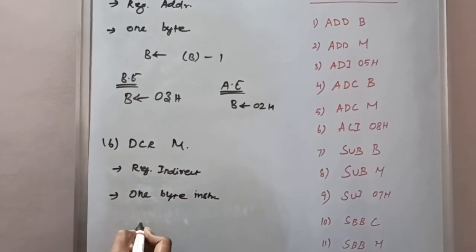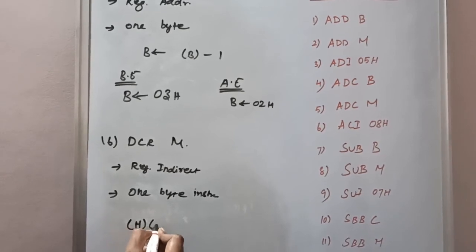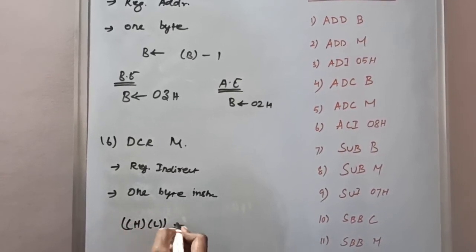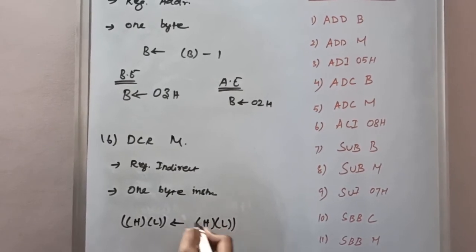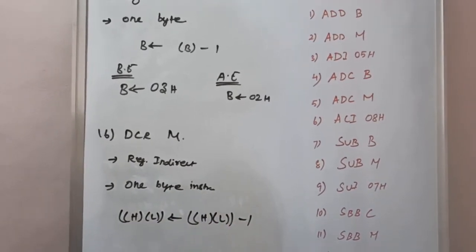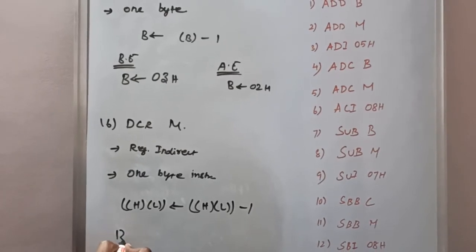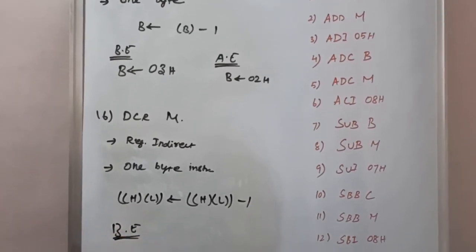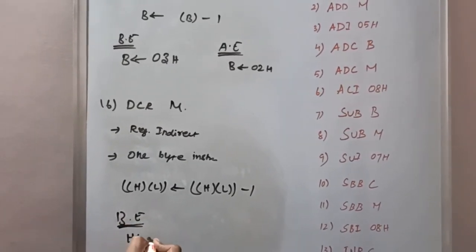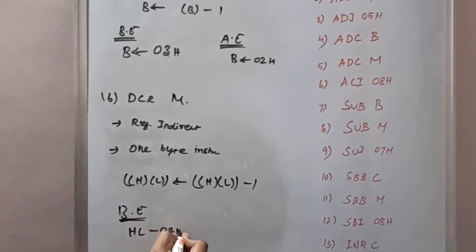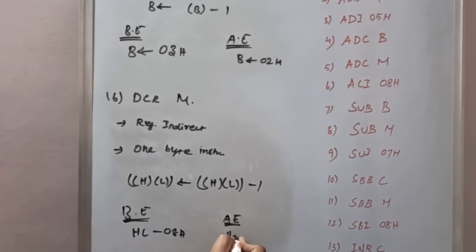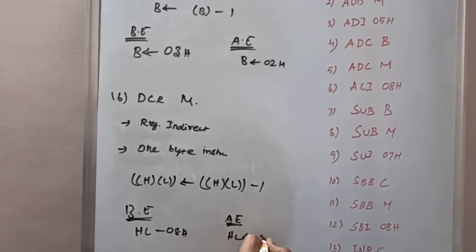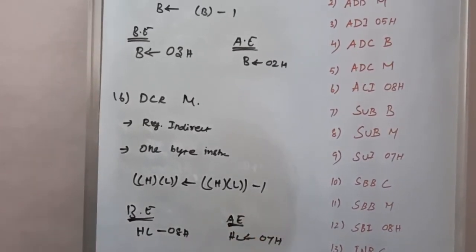The function: HL pair value is decremented by 1. Before execution, the HL pair value is 08 H. After execution, the HL pair value is 07 H.